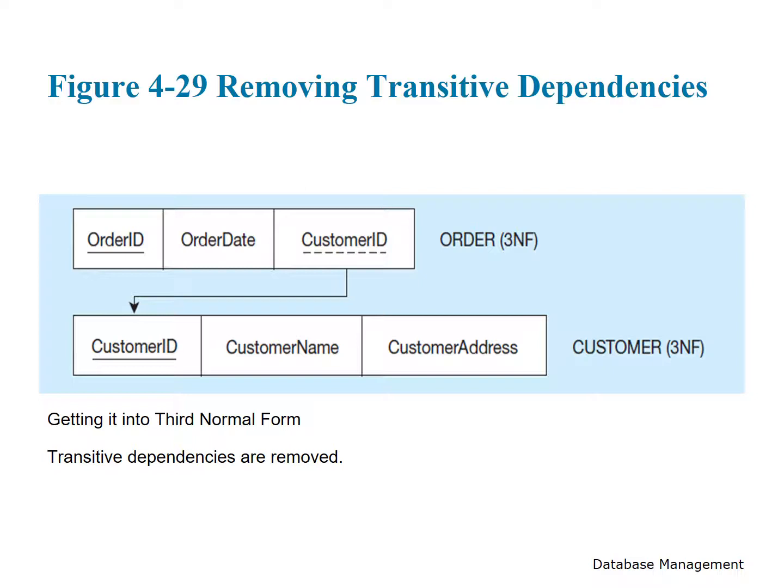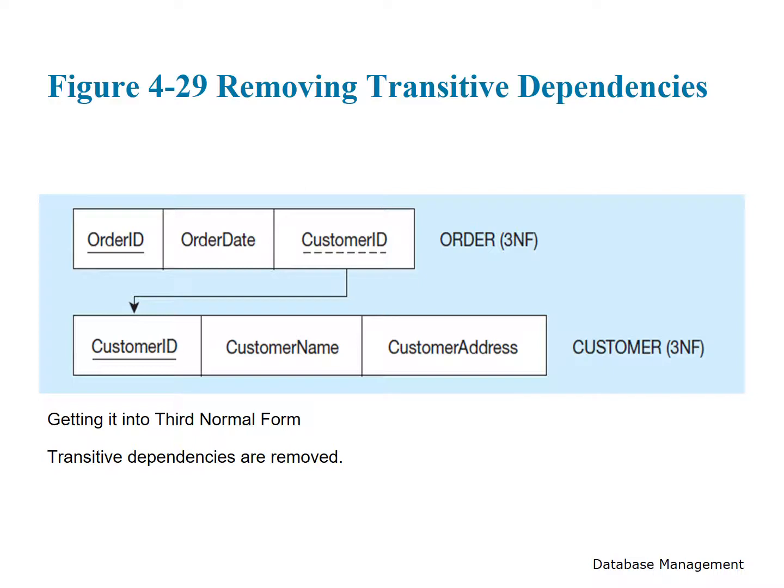The result of applying this step to the relation customer order is shown in figure 4-29. A new relation named customer has been created to receive the components of the transitive dependency. The determinant component, customer ID, becomes the primary key of the relation, and the attributes customer name and customer address are moved to the relation.